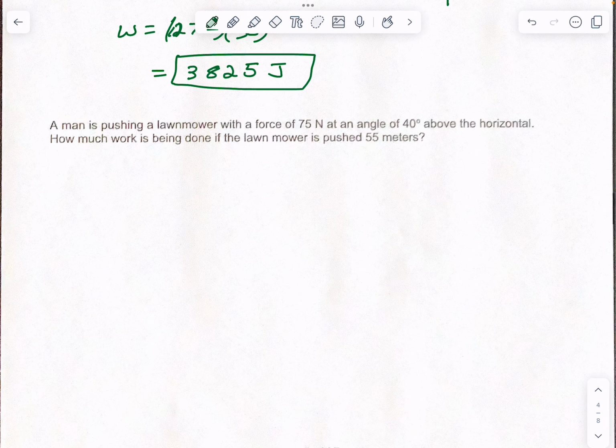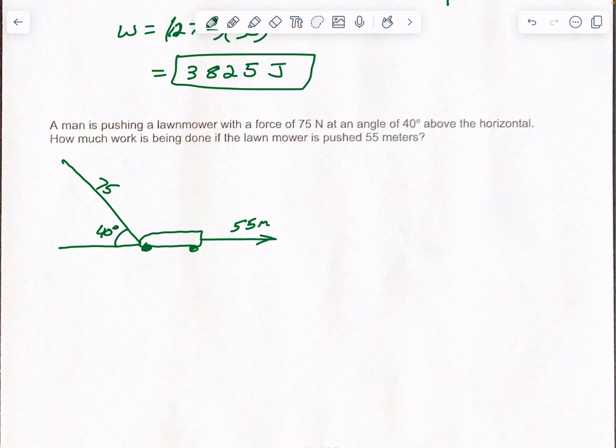I have a man pushing a lawnmower with a force of 75 newtons at an angle of 40 degrees above the horizontal. So let's do a basic lawnmower. The lawnmower's going this way, and our angle is 40 degrees above the horizontal, so here's our angle. I'm pushing down with 75 newtons. How much work is being done if the lawnmower is pushed 55 meters? I know it's going 55 meters this way, but I need to figure out how much of that force is in the same direction, so we're looking for our Fx.